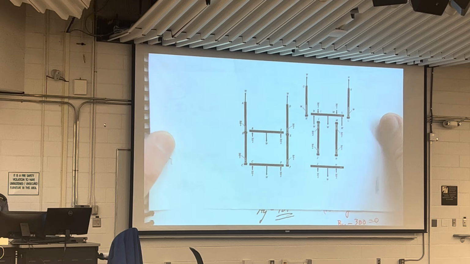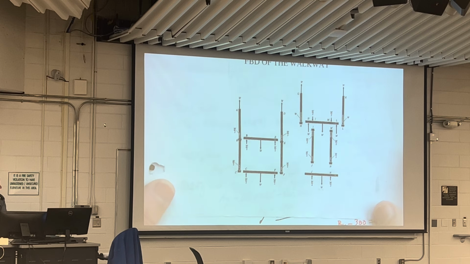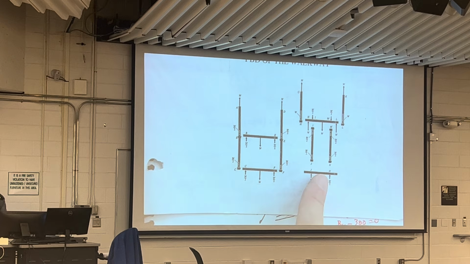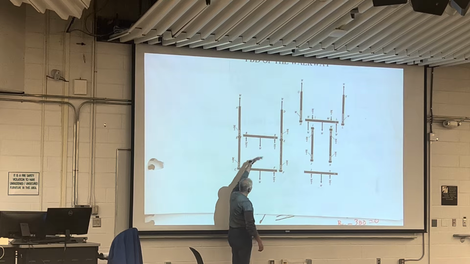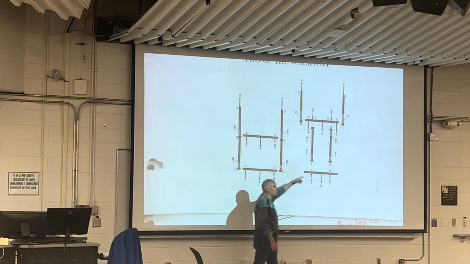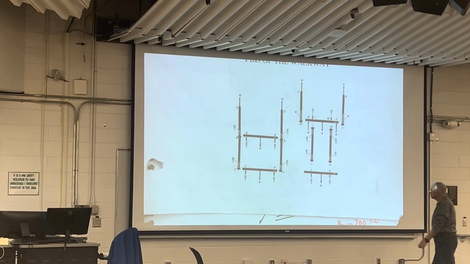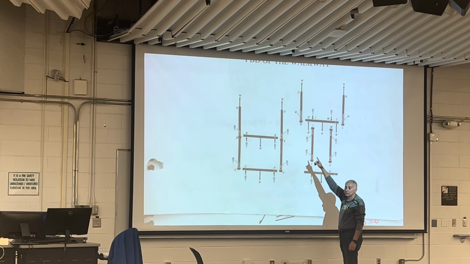If you do a quick analysis, free body diagram, this is how it was intended to be built. This is how it was actually built. Look where the bolts are at B. The analysis says we carry W over 2, so half the weight. The bolt has to carry half the weight. The way they built it, what's the bolt carry? The entire weight.